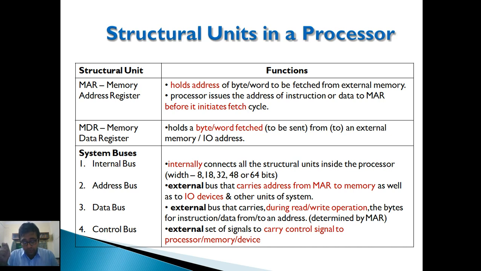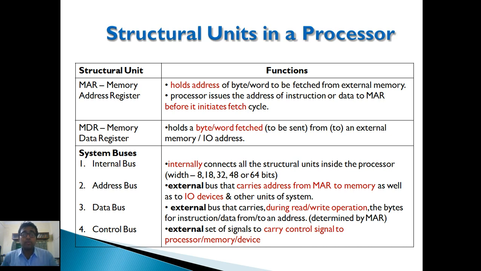When it first starts the fetching cycle, it starts with fetching the program instruction. It issues the address of instruction or data to memory address register, which holds the address of the program instruction that the processor needs to fetch.